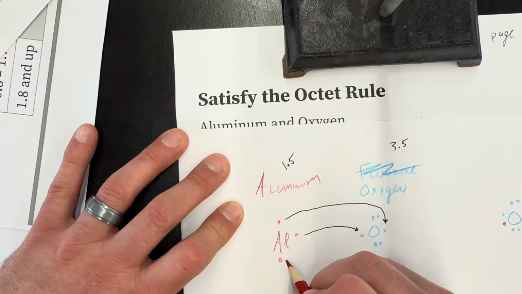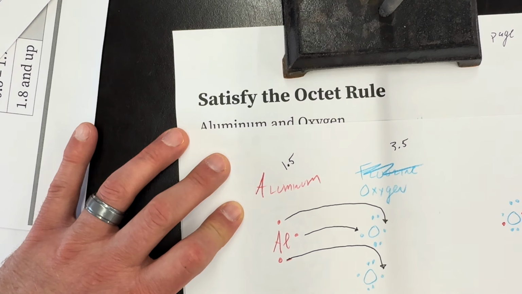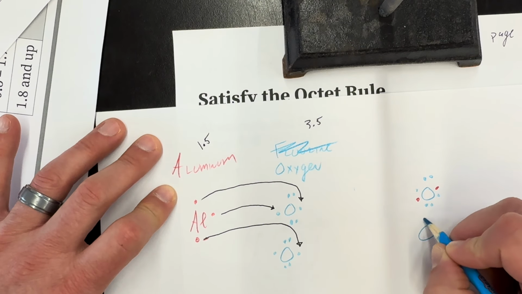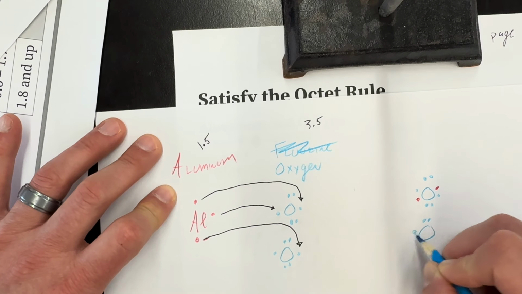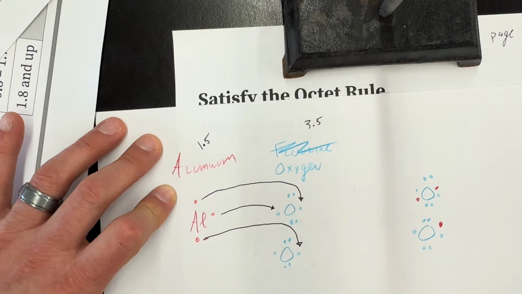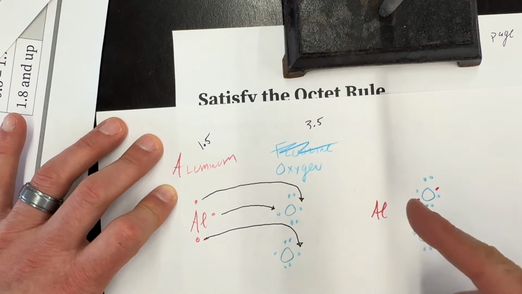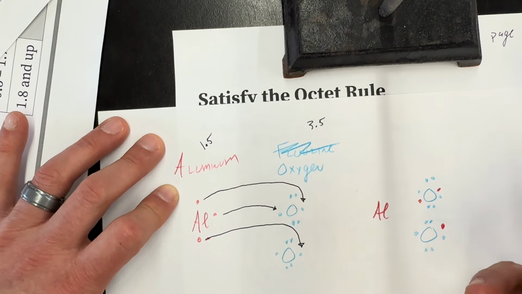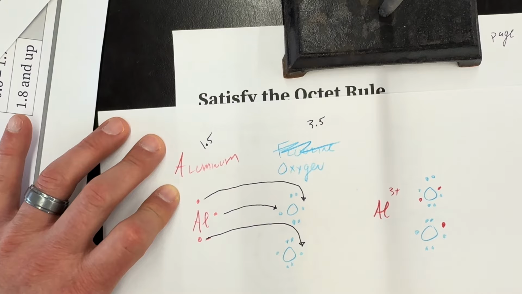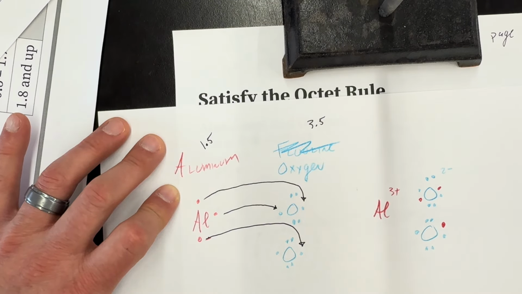And when it does that, we have our second oxygen atom over here, which now has 7 valence electrons. But we have an aluminum atom with no valence electrons showing, and it lost 3 electrons, so it has a +3 charge. This oxygen atom has gained 2 electrons, so it has a -2 charge.